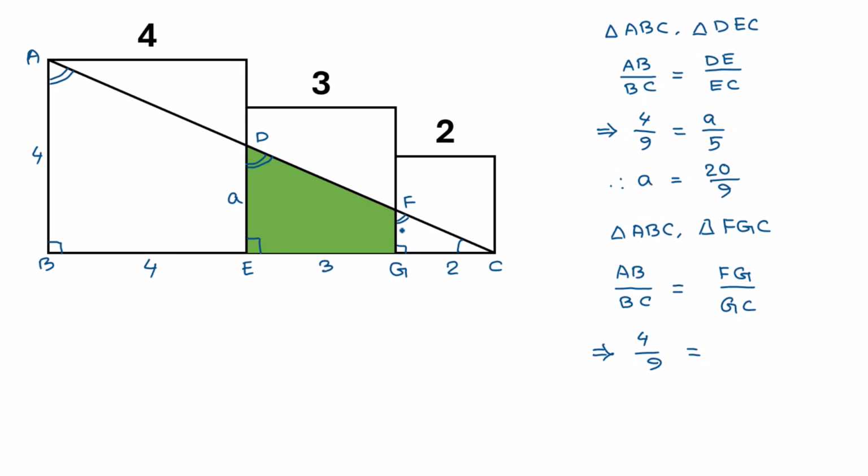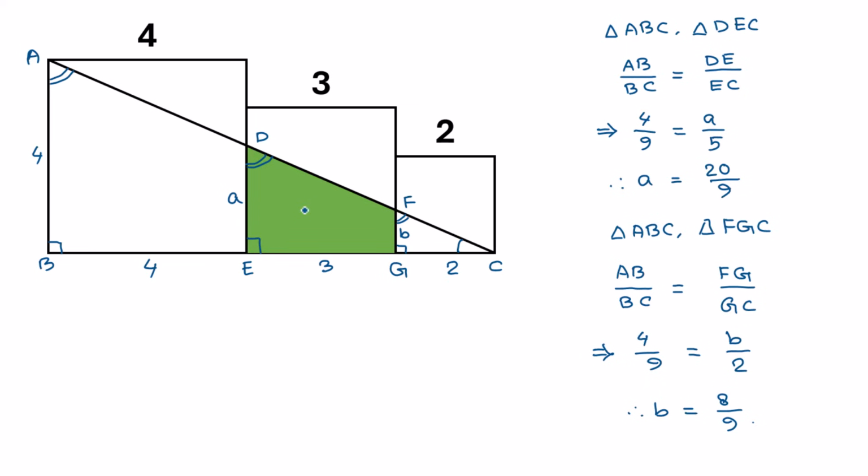FG, consider this as B. So B divided by GC, which is 2 units. So the value of B is equal to 4 times 2, this is 8, over 9.